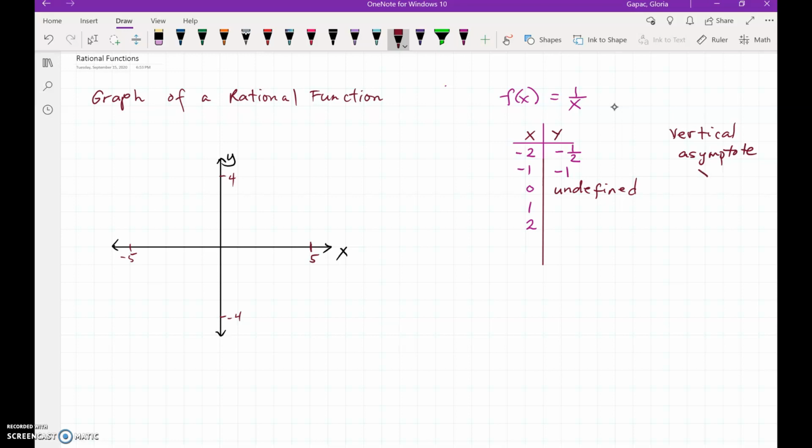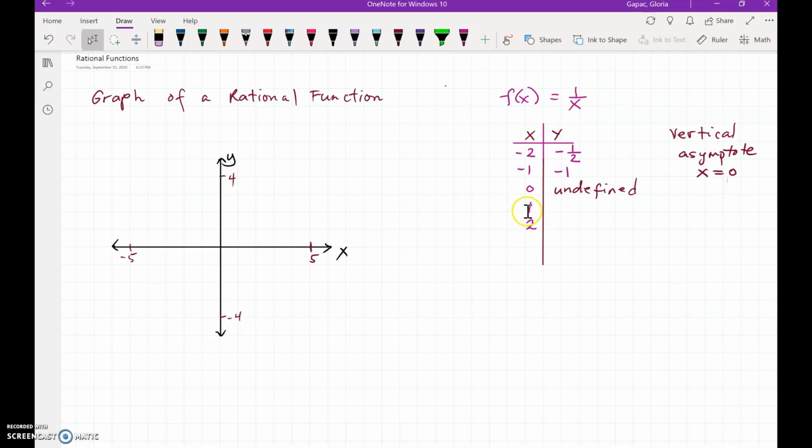And that would be at x equals 0. So when we graph it here, there's no value that's going to be crossing this x equal to 0. It is the y-axis, but as an equation, it is x is equal to 0.